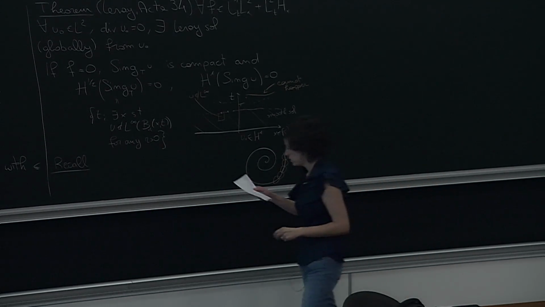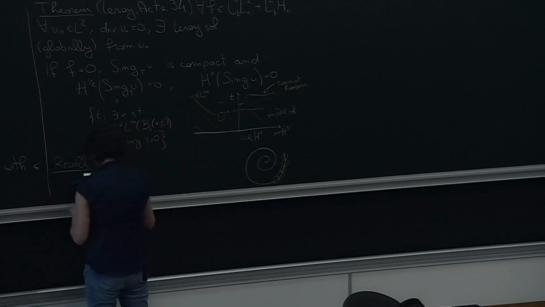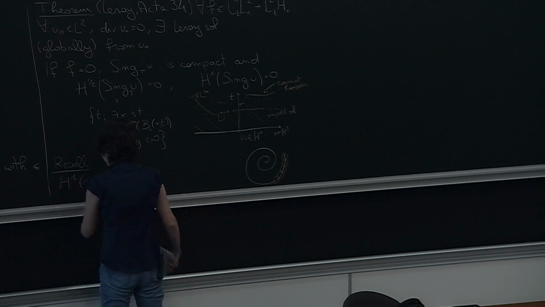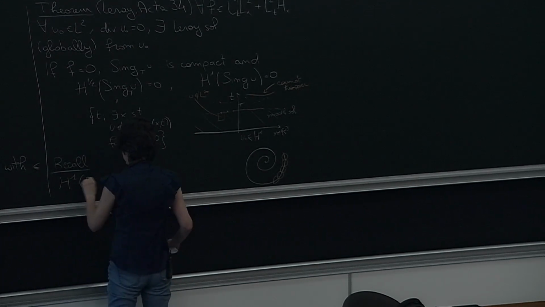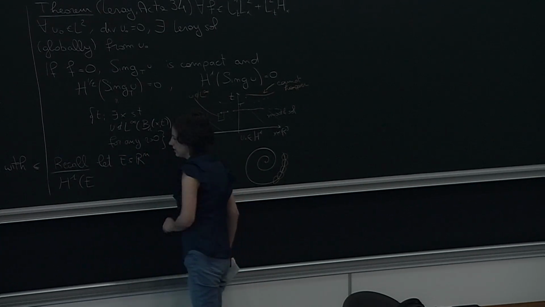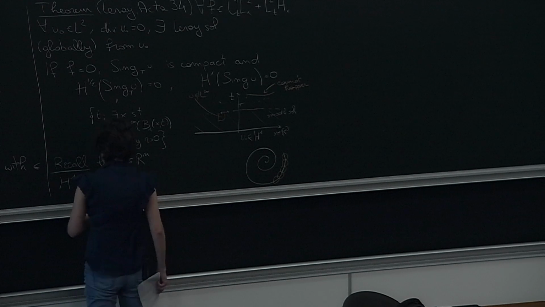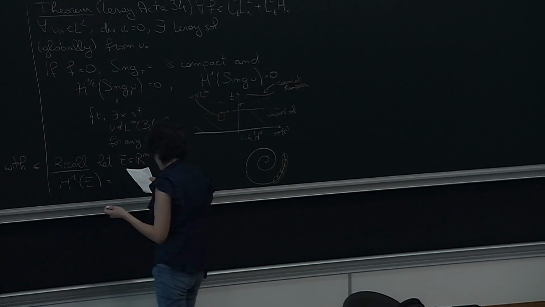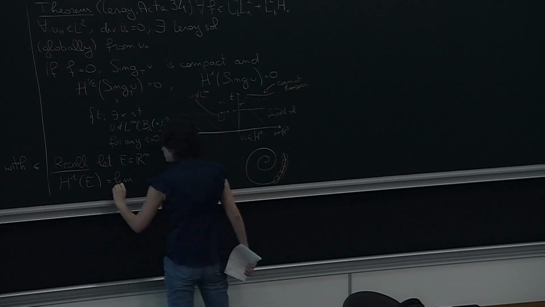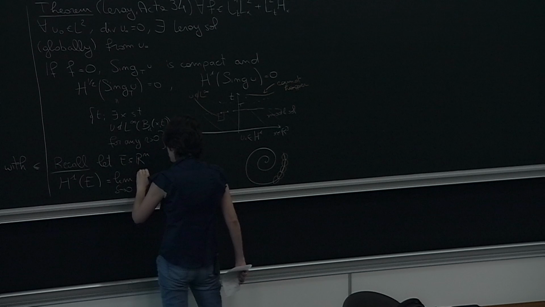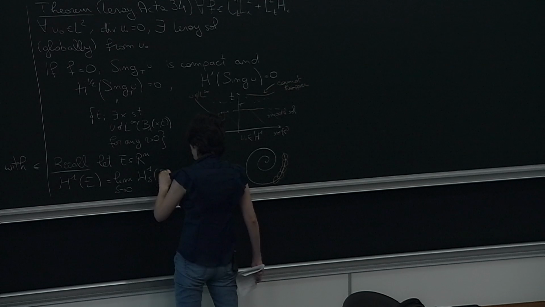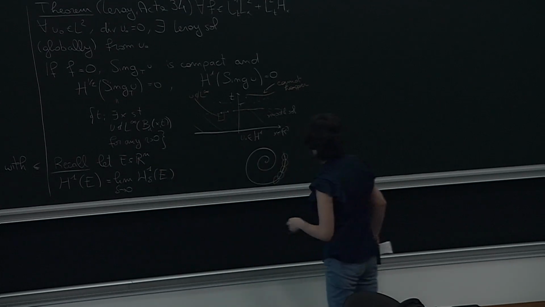Okay? So to define the, let's say, H1 measure of a set E, so let E in Rn. What is the H1 measure of E? Okay, first of all, I have to fix a parameter delta, which denotes the size of the ball, and take the limit of this approximate Hausdorff measure. And then how do I define this?